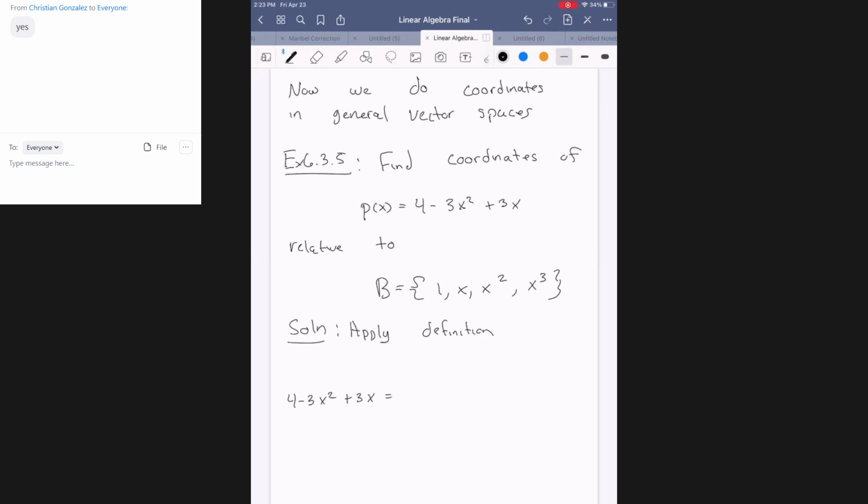I want to write this as a linear combination: w equals c1 times the vector v1, which in this case is 1, plus c2 times x, plus c3 times x squared, plus c4 times x cubed, and so on.